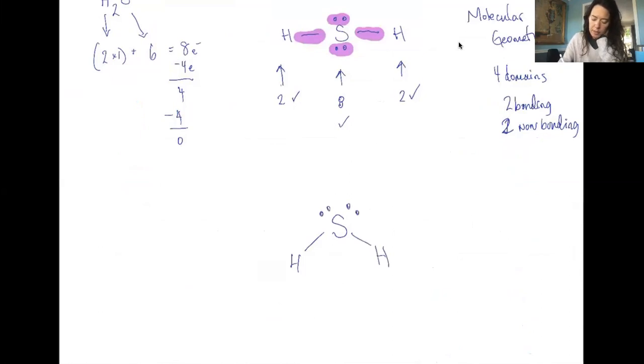It is bent. The presence of these lone pairs, they are very negatively charged, and they are big, like big negative Mickey Mouse ears. They push these bonds down in an effort to minimize repulsions. Remember the valence shell electron pair repulsion theory.